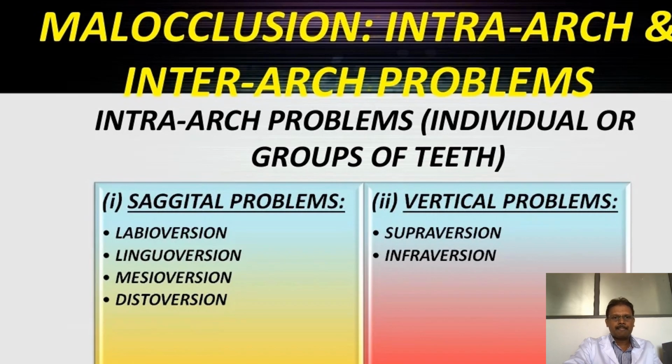In intra-arch sagittal problems we have labioversion, lingoversion, mesioversion and distoversion, which we can subclassify. In vertical problems we have supraversion and infraversion. Supraversion can lead to a deep bite, and infraversion is your open bite.